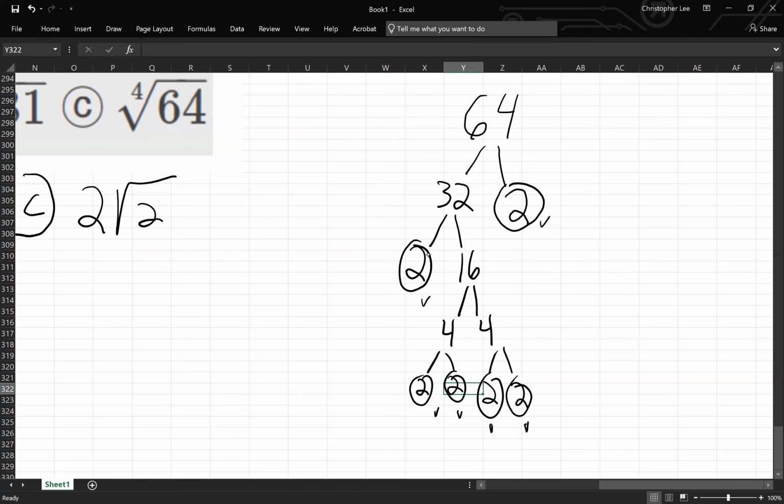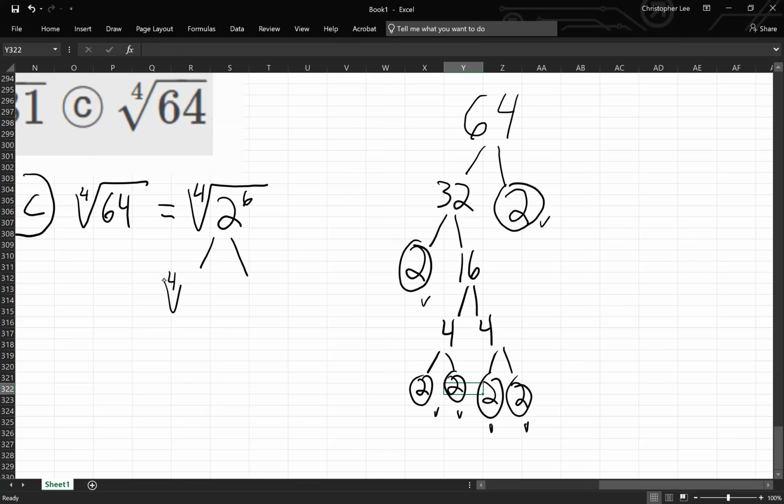So we know that the fourth root of 64 is the same thing as the fourth root of 2 to the 6th power. And now we want to break this down. Remember, I need one of them to be divisible by the index.